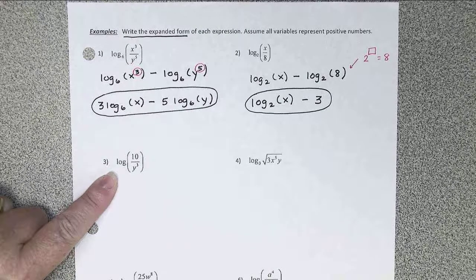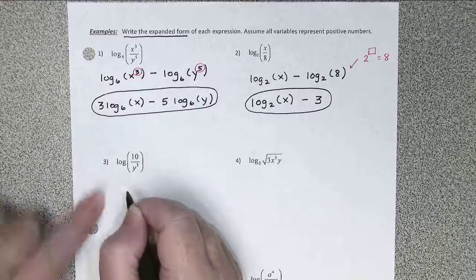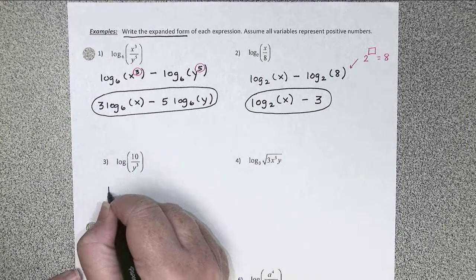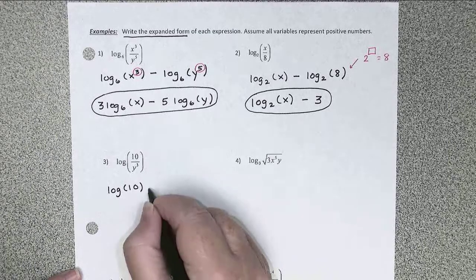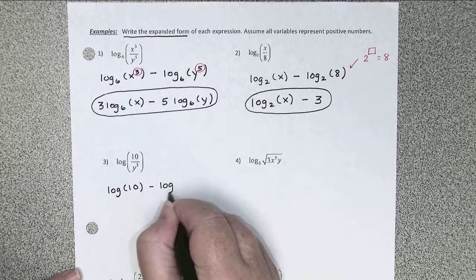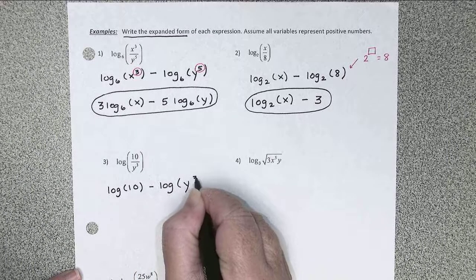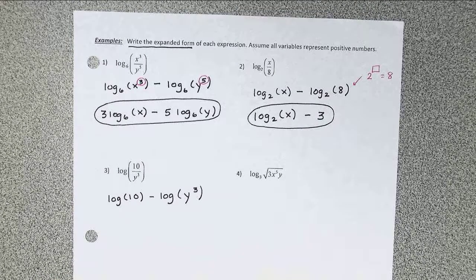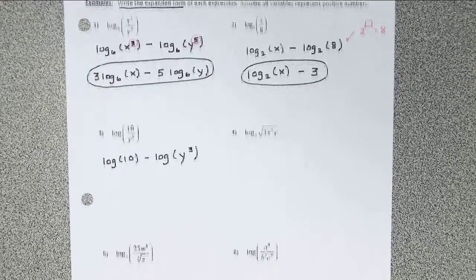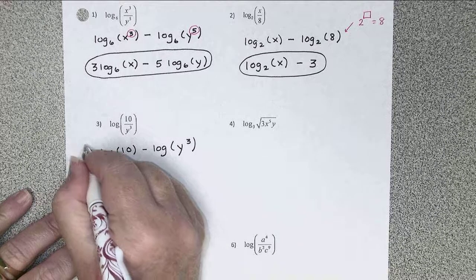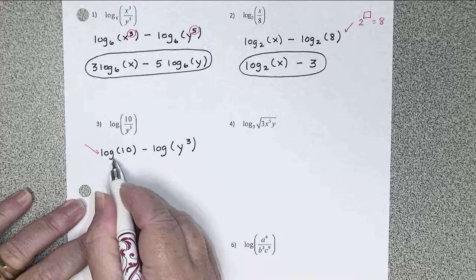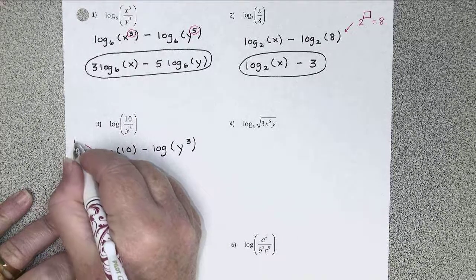In number 3, we again have a quotient. So I'll start by applying my quotient property for logs. I'd have the log of 10, subtract the log of y cubed. And once again here, I have a recognizable log. This one is a log base 10, a common log.